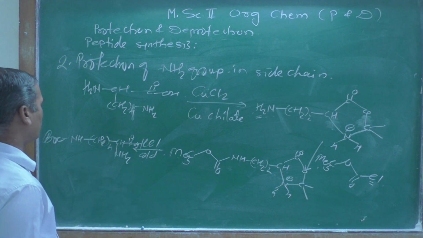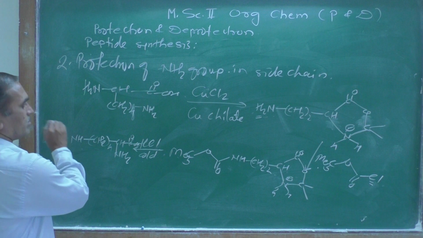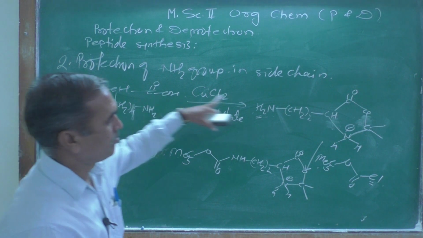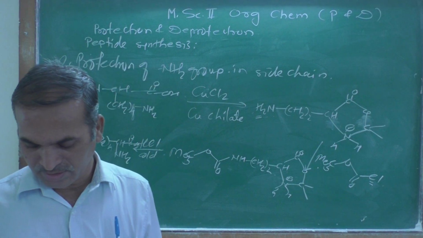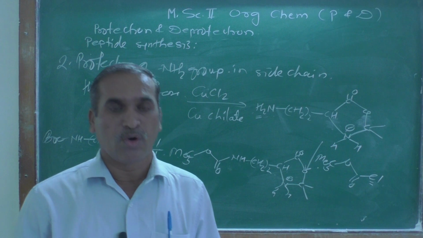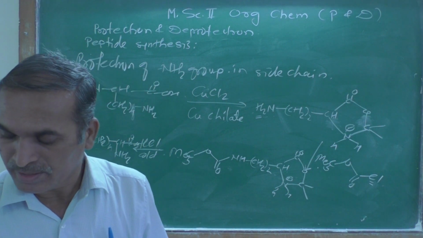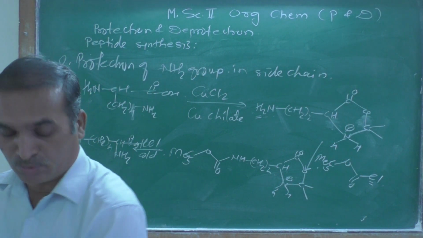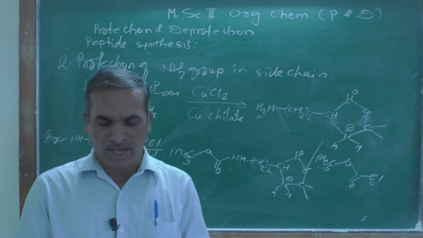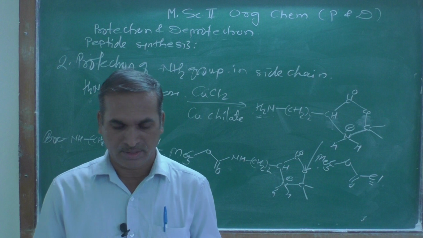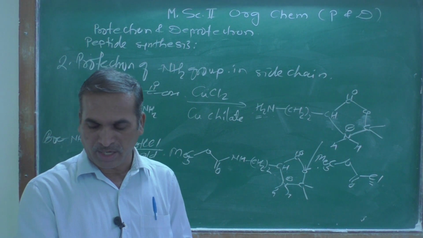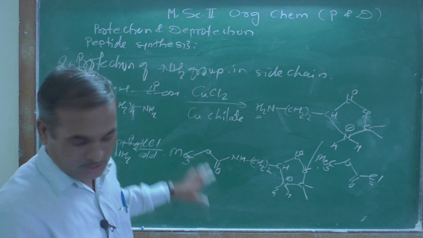That amino acid gets free, and that NH2 group gets blocked by using these steps. Now selectively only the NH2 group can be protected, and in this way we protected the NH2 group.